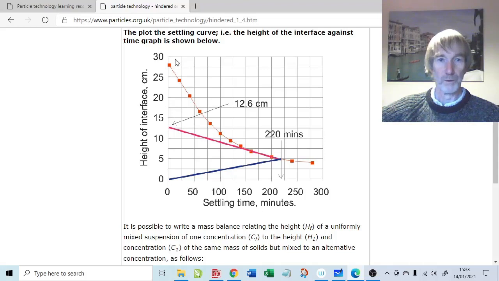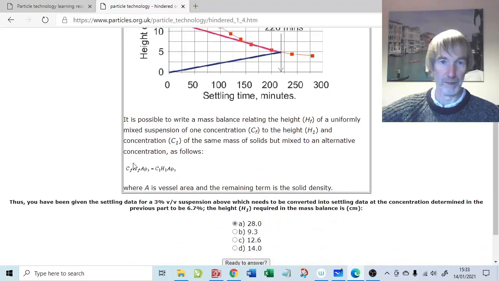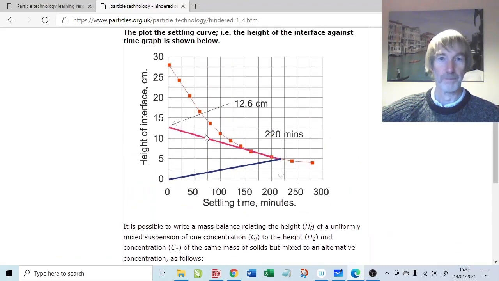So what would a 6.7% suspension settling look like? Well, it would start out at whatever the material balance tells us the height should be, and from this diagram the answer is already there. It's 12.6 centimetres. So 12.6 times 6.7 is going to be equal to 3% times 28.